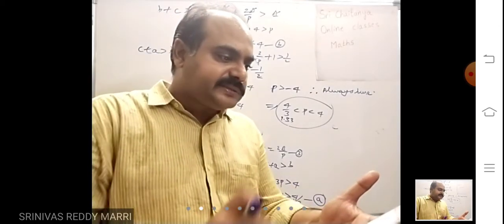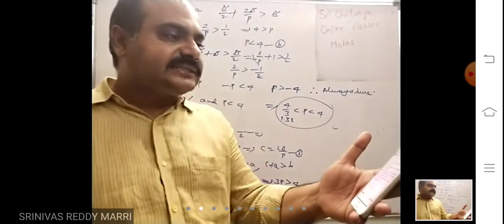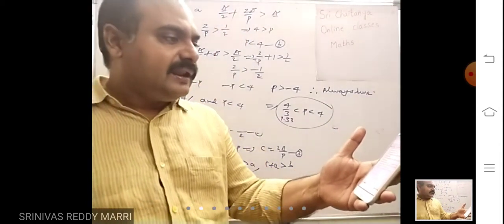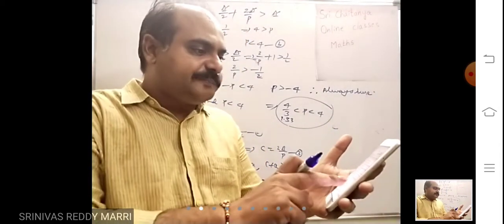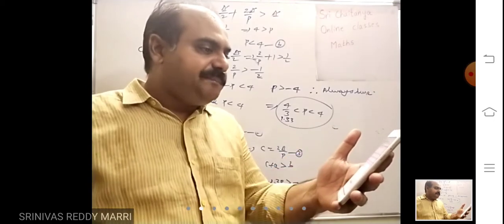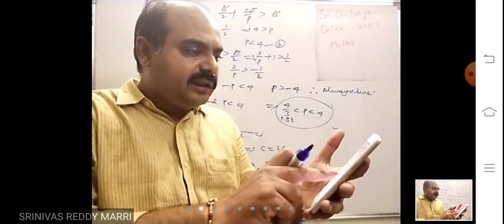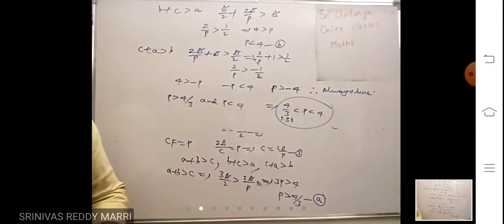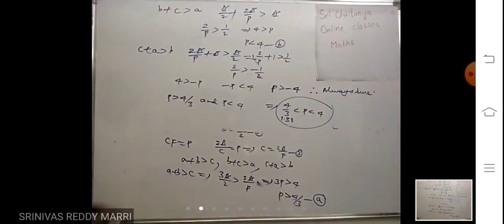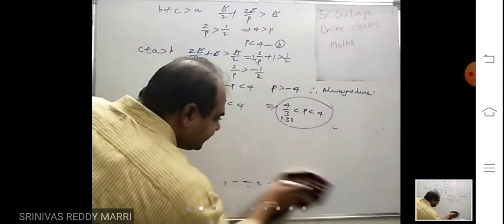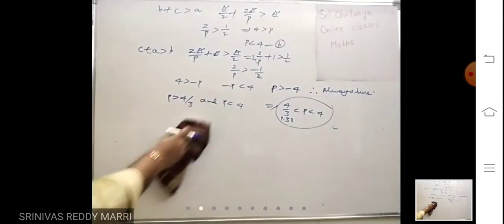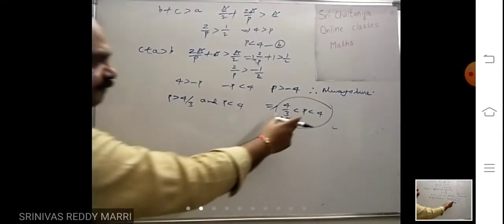Now option C and option D: he is asking whether the triangle is acute angled or obtuse angled. Look at, if P is the greatest possible integer value, what is the greatest integer value of P?